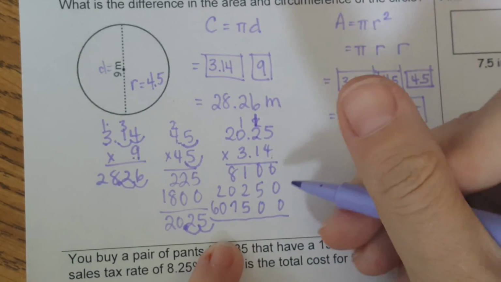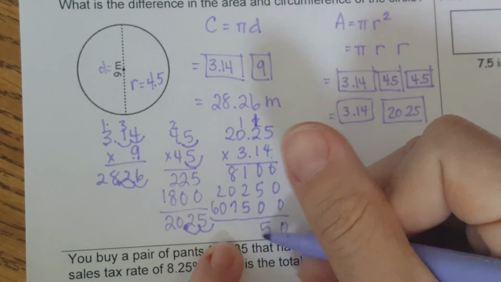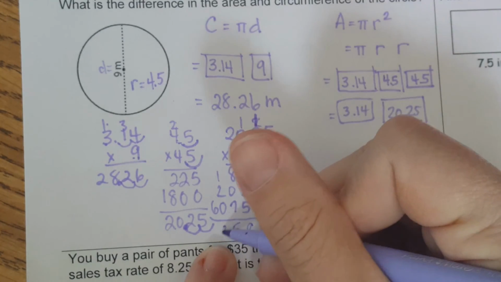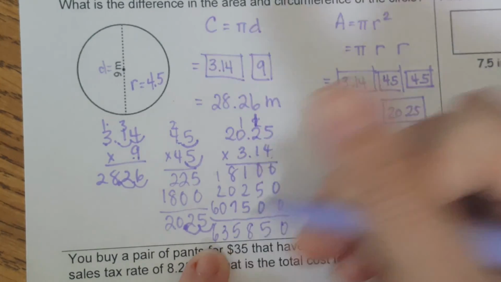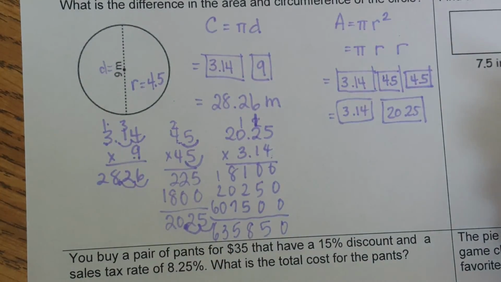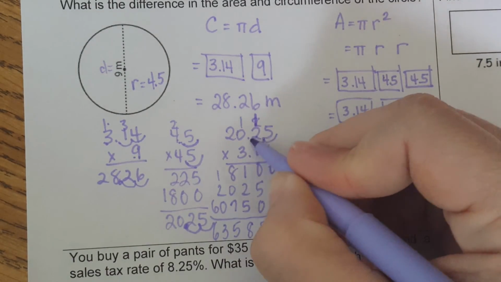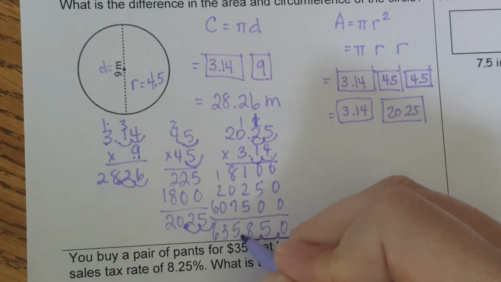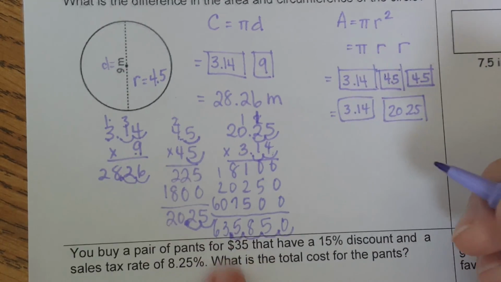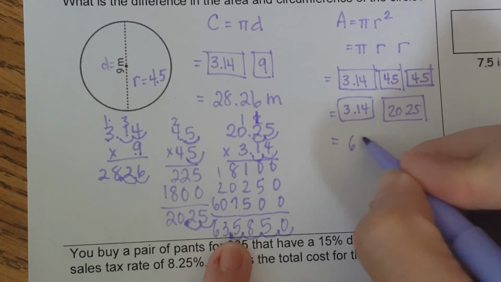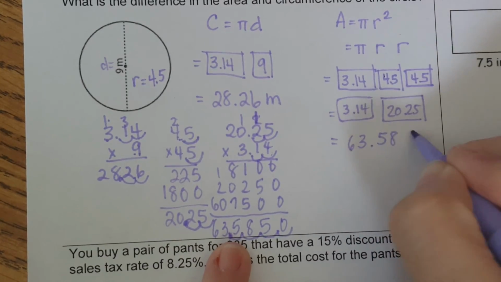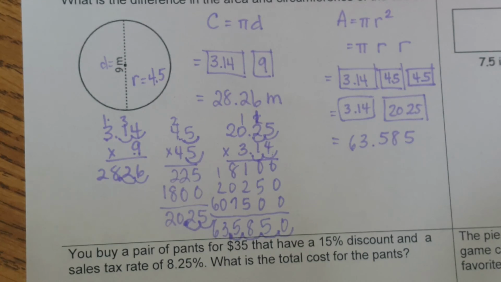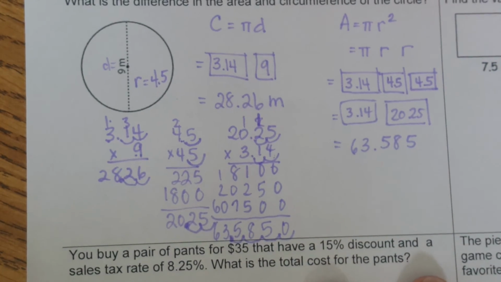Now we're going to add it all up. Zeros. 5, 8, 5, 3, and 6. And we're going to bump that decimal over 1, 2, 3, 4. So that answer is 63.585. Now the question is, what's the difference in the area and the circumference of the circle?